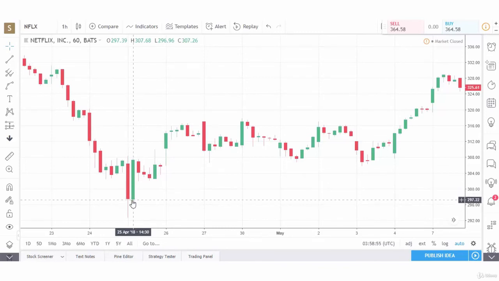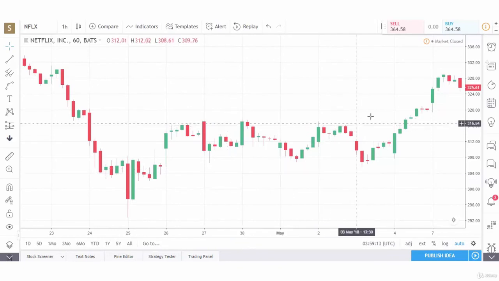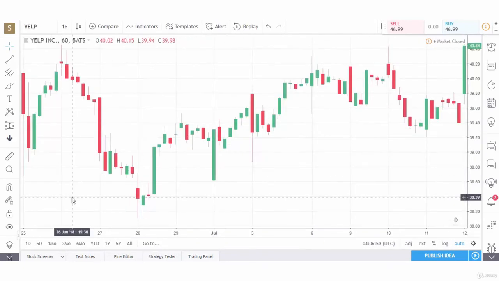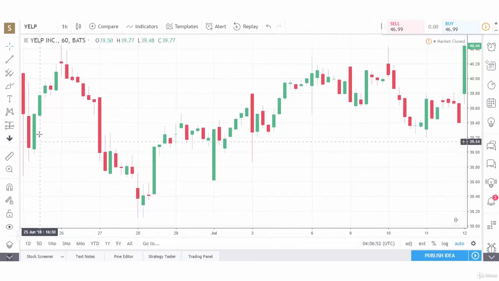The bottom is lower than the close from the day before, and the top of this candlestick, the close of this candlestick, is higher than the open from the day before. So you have a bullish engulfing pattern here, and as we see, the stock trended up nicely after this very clear bullish engulfing pattern.